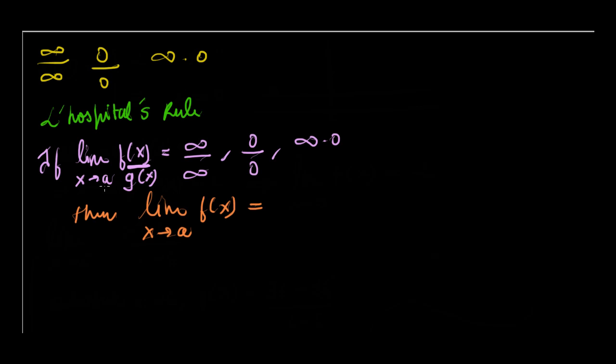The limit as x approaches a of f of x over g of x is infinity by infinity, or something like that. Then the limit as x approaches a of f of x over g of x is nothing but f prime of a over g prime of a.